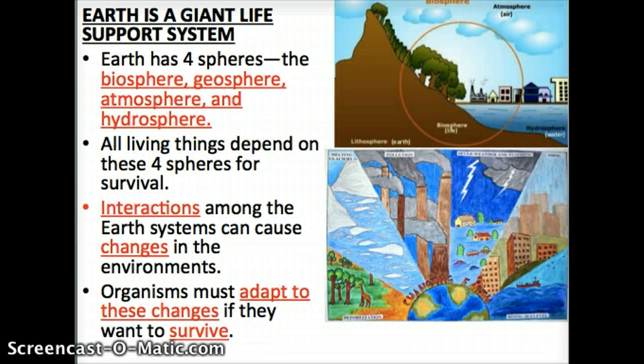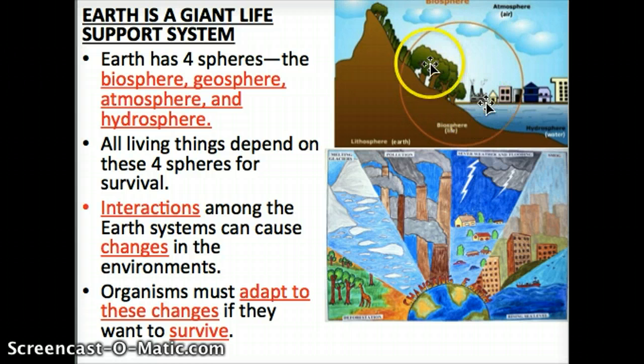You guys have learned from the last unit that the Earth has four spheres. We have the biosphere, the atmosphere, hydrosphere, and the geosphere or lithosphere. And you learned that these four spheres are constantly interacting with each other via the water cycle, the carbon cycle, and just by the biosphere relying on all of the rest of the spheres.